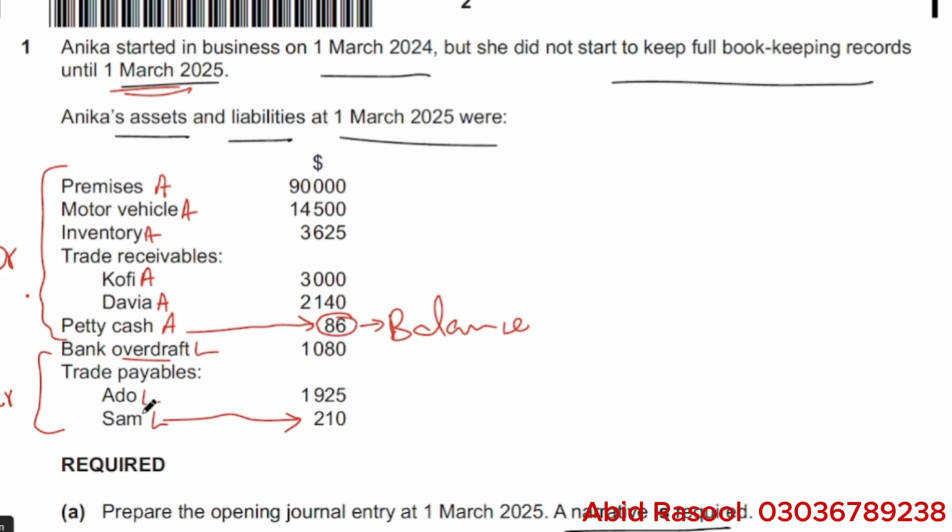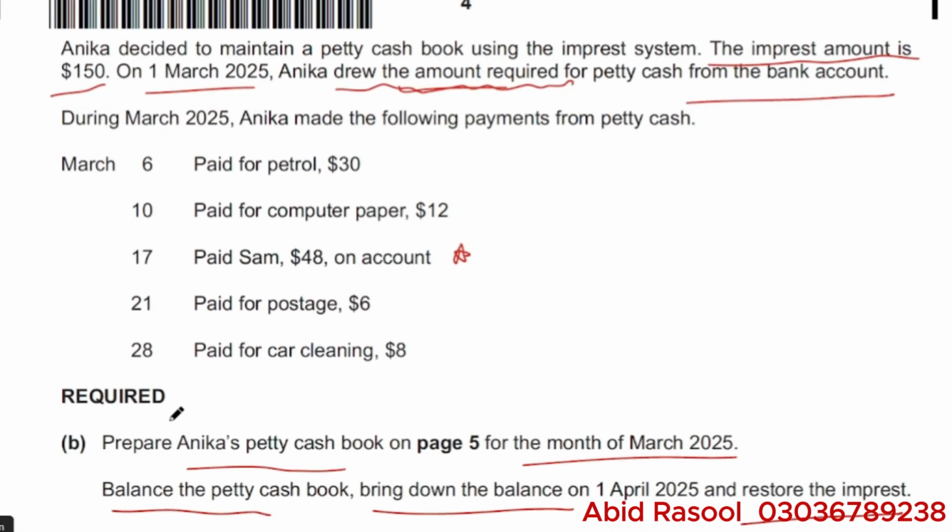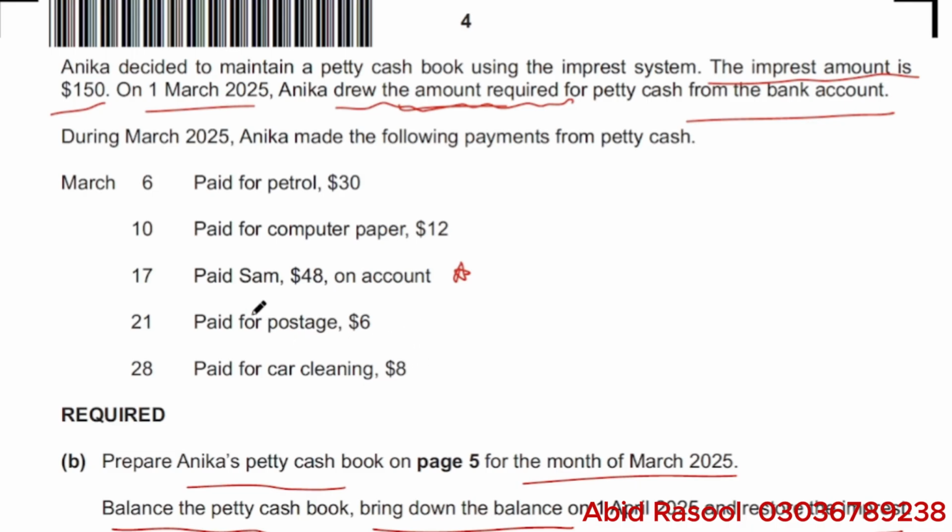On 1st March, it appeared in our books that we owe $210 to Sam. Then what happened in our petty cash transactions? There was also a transaction about Sam: we paid Sam $48 on account, meaning the money we have to return to him. This was paid on 17th March.